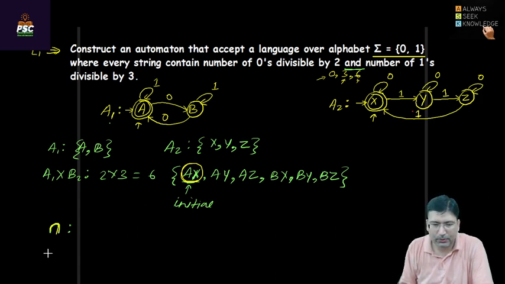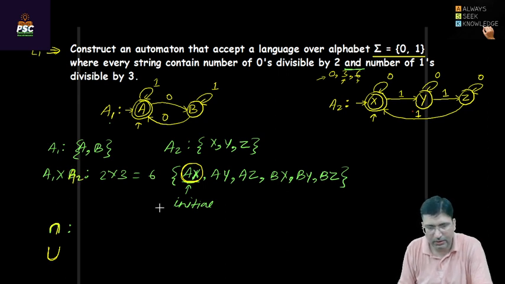But in case you perform the union operation on automata, let's say A1 and A2, here you can write A2, right? It is not B. So if you are performing union, either of the final states can occur. So let's say AX will be the final state. Here A is final, but Y is not a final state.